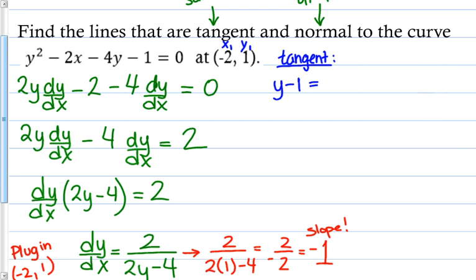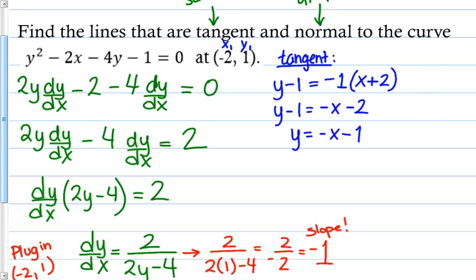Equals slope, which is negative 1, times x minus my x1, which happens to be negative 2, so that becomes positive. And then simplify a little, and then move the 1 over by adding it. And there's my equation for the tangent.